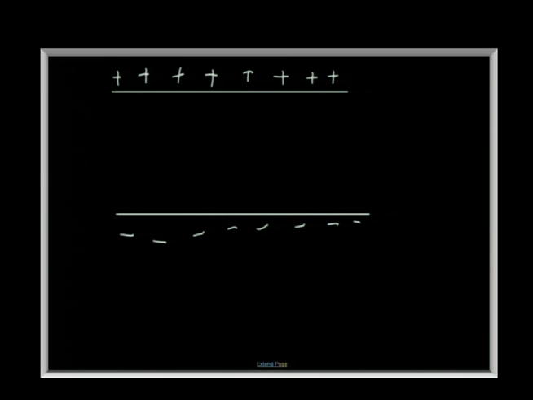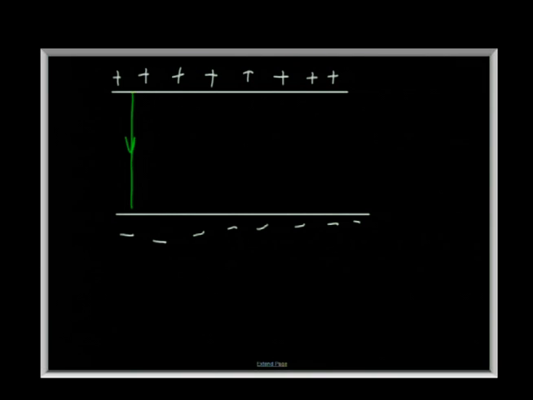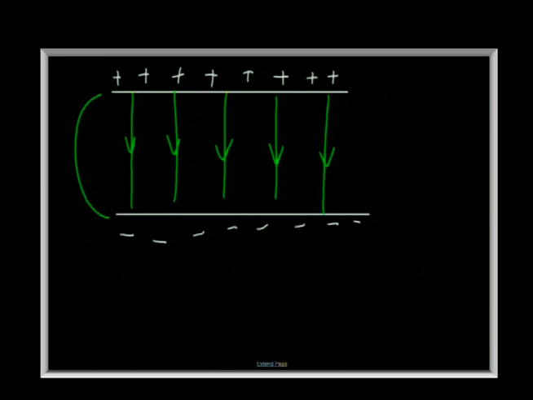It's about setting up an electric field. What you should remember from a previous lesson when we did electrostatics is that between parallel plates we have a uniform electric field. So let's go back to the definition of this capacitor. A capacitor creates an electric field, and we are able to hold these charges in position because of the way that the capacitor is formed and the way it's connected in a circuit.